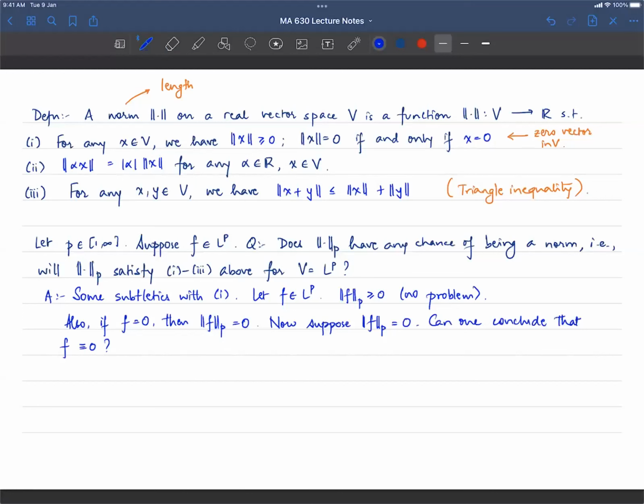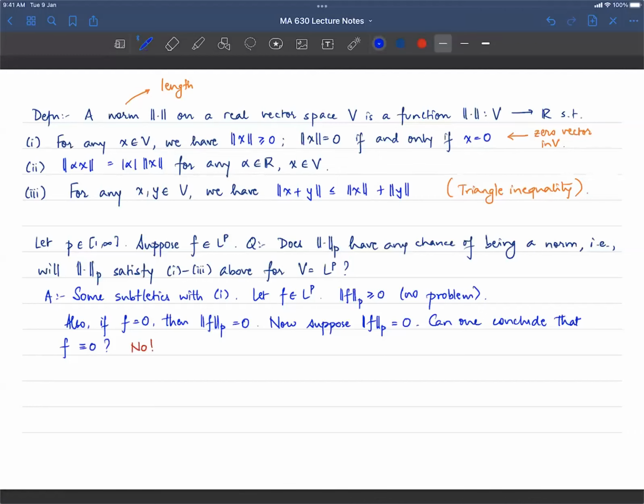Anyone want to take a guess? Not necessarily, because it might be non-zero on a set of measure 0. Exactly. All you know is that it will be 0 almost everywhere. You do not know that it will be 0 everywhere. So the answer is no.